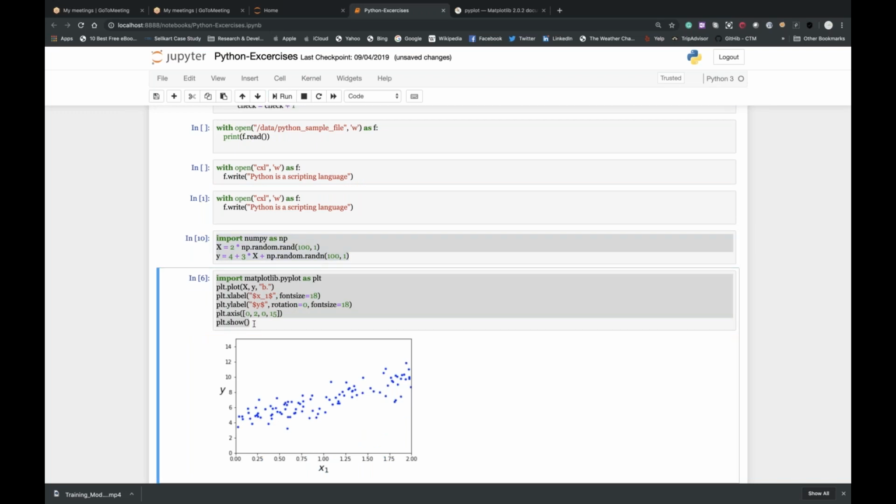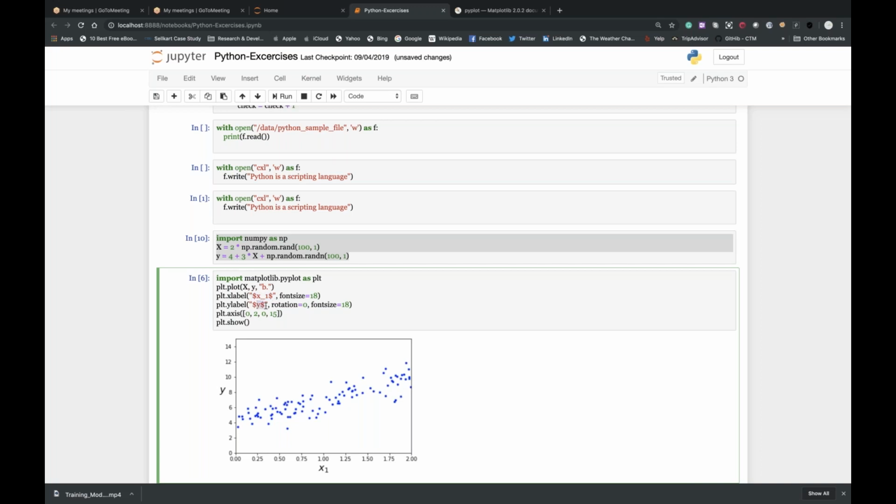Now I'm trying to plot it. To plot, I used matplotlib. Simple. Here the x label, don't worry about this x_1, is just telling your x-axis, and like that you are also labeling your y-axis.